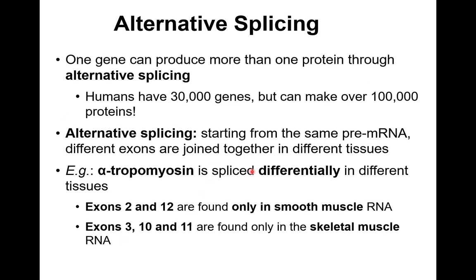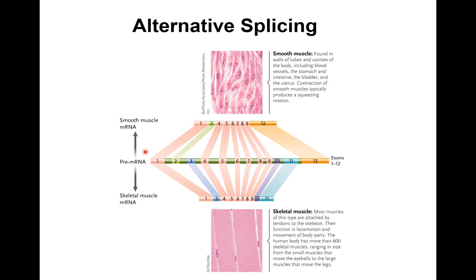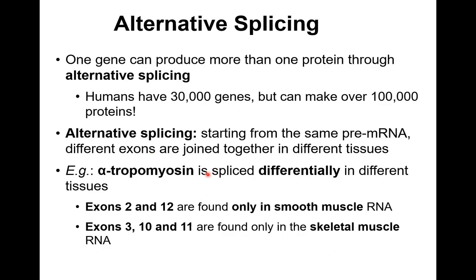Alpha-tropomyosin is an example, so going straight to this picture here. This is the precursor mRNA of tropomyosin. This is a protein that is essential for muscle contraction, and it's expressed both in your smooth muscle and your skeletal muscles. There are 3 types of muscle cells that you have in your body or in animal tissues.